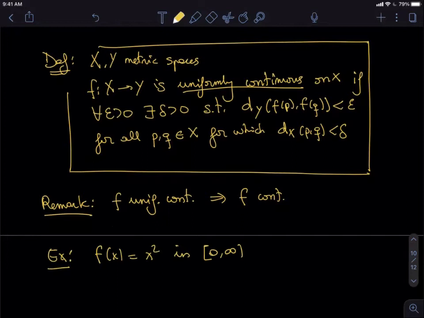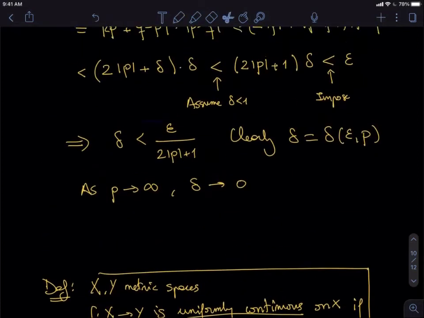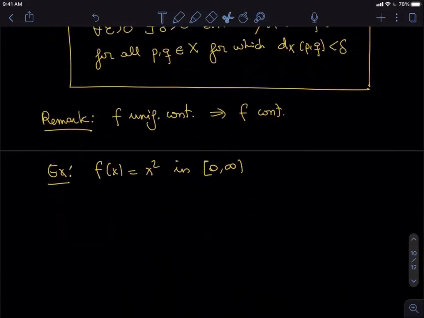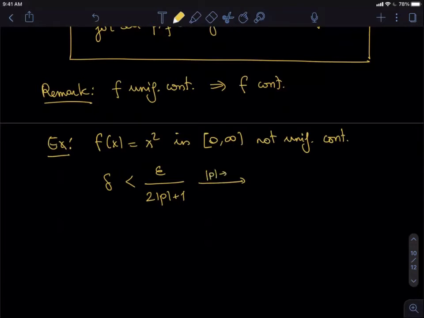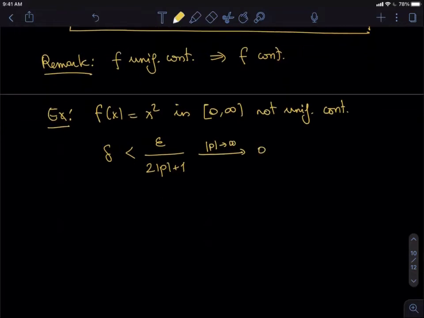But if we look closely at the expression that we got here, in 0 to infinity it is not uniformly continuous, because this number delta goes to 0 as p becomes large, but it is fine if we work in some closed interval [a, b].